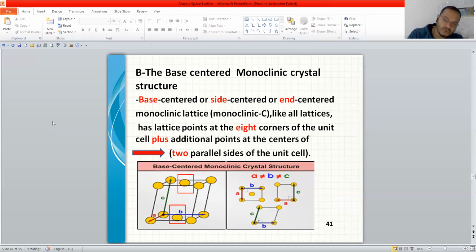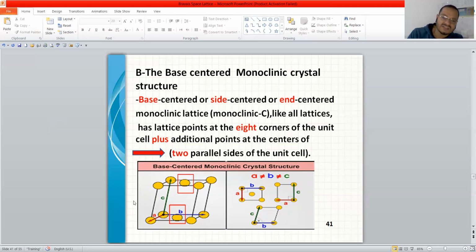Additional points at the centers of 2 parallel sides of the unit cell means I'm dealing with just 2 centers. Between these 2 centers, we have a condition: these 2 centers must be perpendicular to each other.